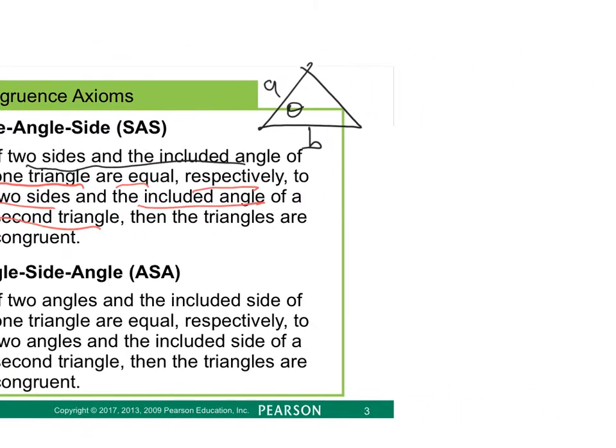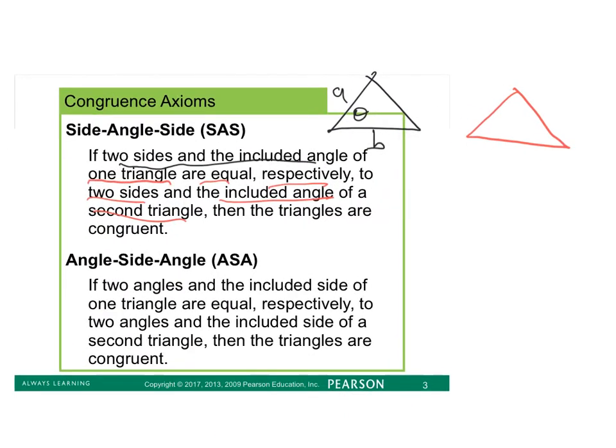So I need a second triangle out here. And we said that the two sides are equal. So I have an A and a B. They're the same. And they have an angle. I'll call that theta 2. Well, actually, the angles are the same too. So it's just same theta.